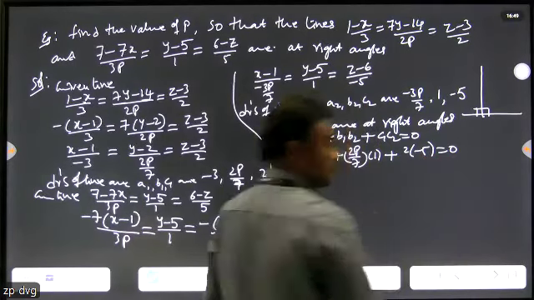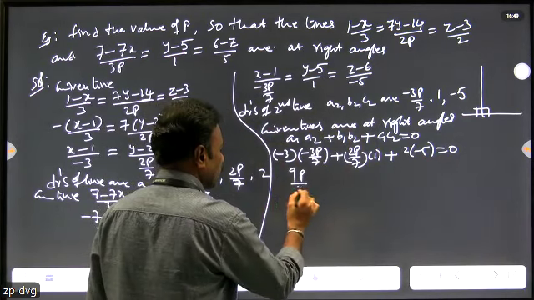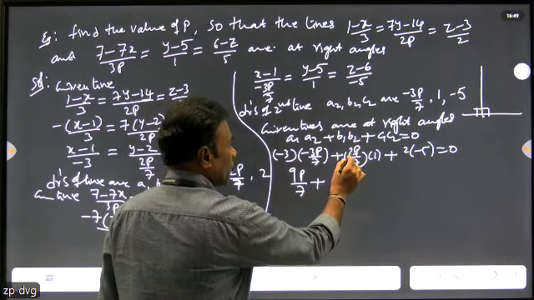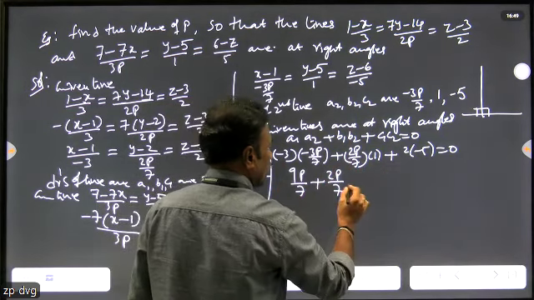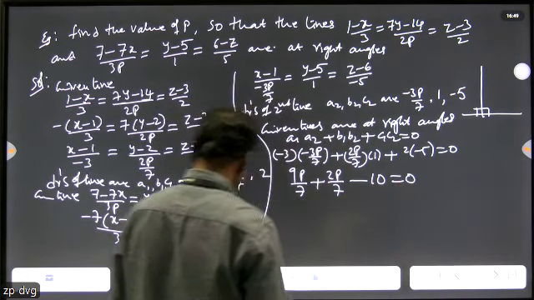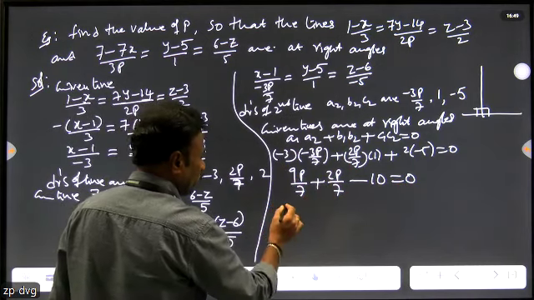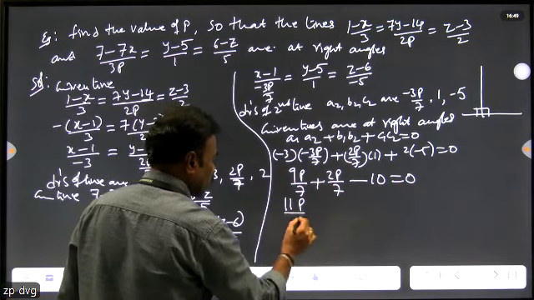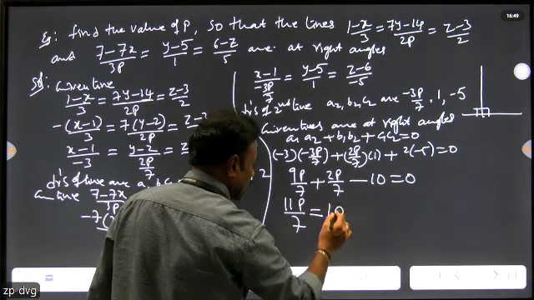is equal to 0. What you will get? You will get 9p by 7 plus 2p by 7 into 1, 2p by 7, 2 into minus 5, minus 10 is equal to 0. So you will get 9p by 7 plus 2p by 7, 11p by 7 is equal to minus 10 outside, plus 10.